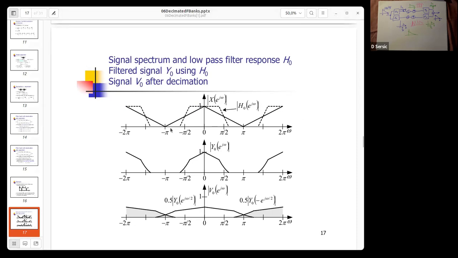We start from the same example. Let X denote the spectrum of the input signal, like this one. It also has the left-hand side and so on. It repeats.